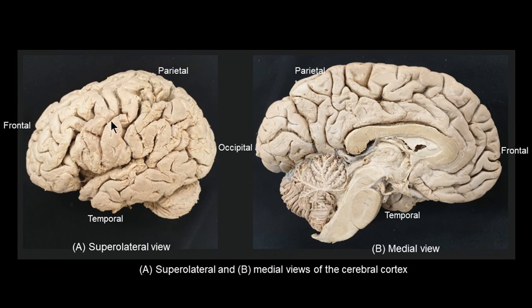Between the central sulcus and the precentral sulcus, we had the precentral gyrus, the primary motor area, and we had the postcentral gyrus behind, which is the primary sensory area. The precentral gyrus extends on the medial side in front of the central sulcus. So literally the anterior part of the paracentral lobule is basically the continuation of the precentral gyrus.